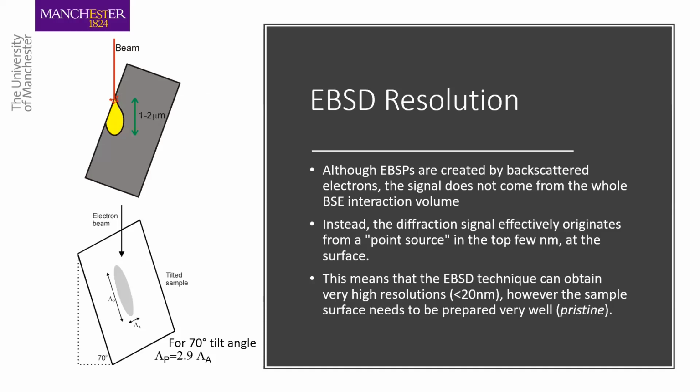Now, the other thing about the tilt angle to consider is that at 70 degrees, for example, the aspect ratio of the beam is 3:1. So as you increase the tilt angle, this aspect ratio increases, and it affects the resolution, of course, in the y direction.